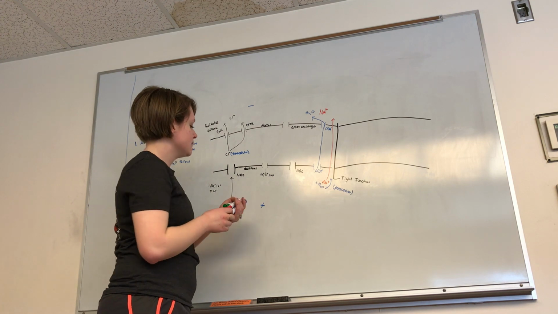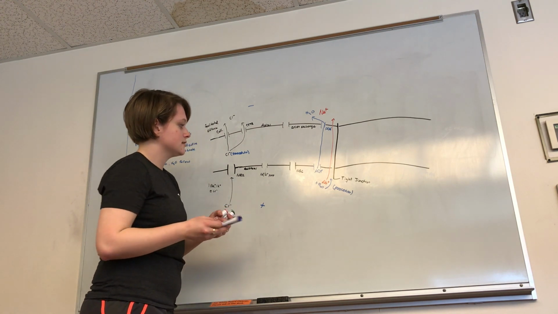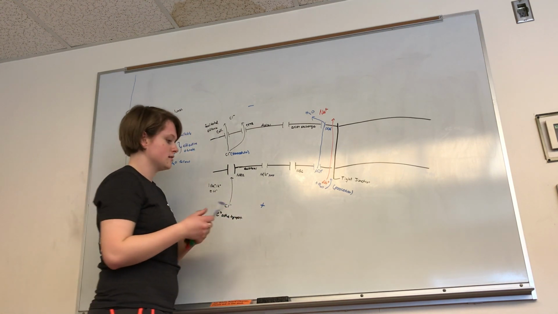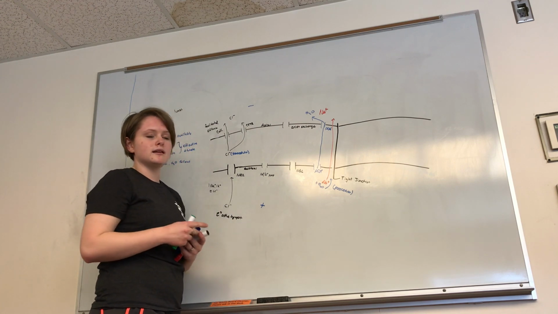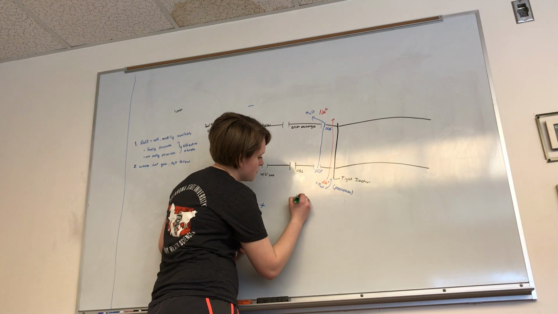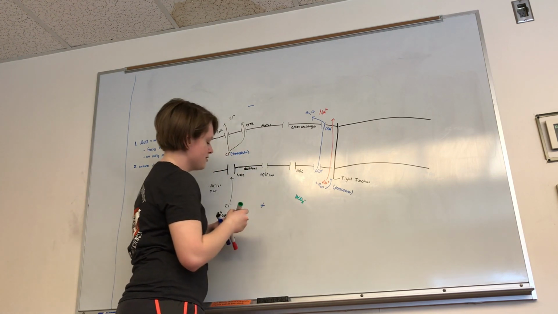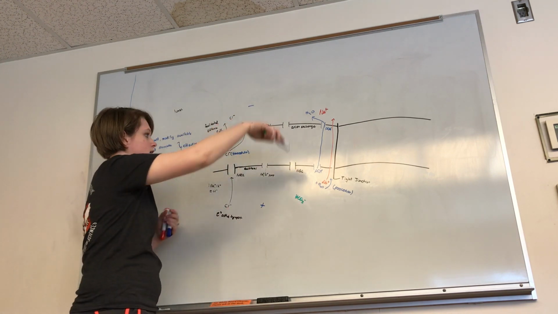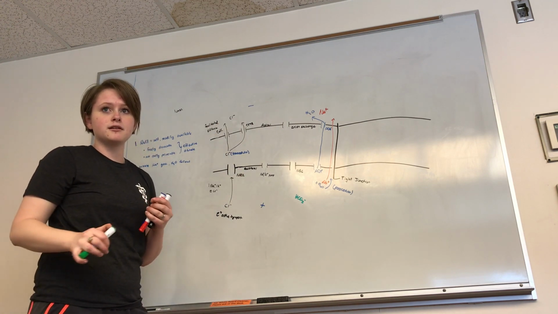Okay, next important topic is bicarb, or HCO3, which you'll probably need to know means bicarbonate and that it's HCO3 minus. So why do we need bicarb in the fluid of the lumen or the duct cells? As a buffer. Yeah.